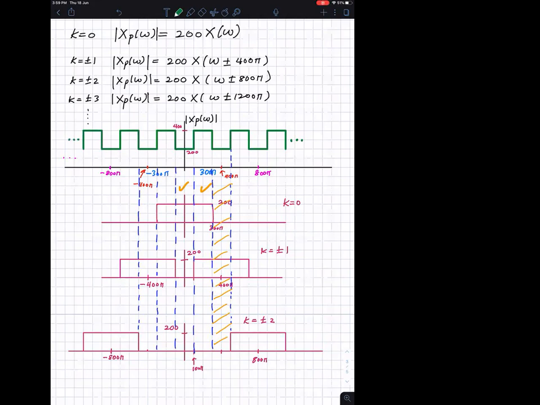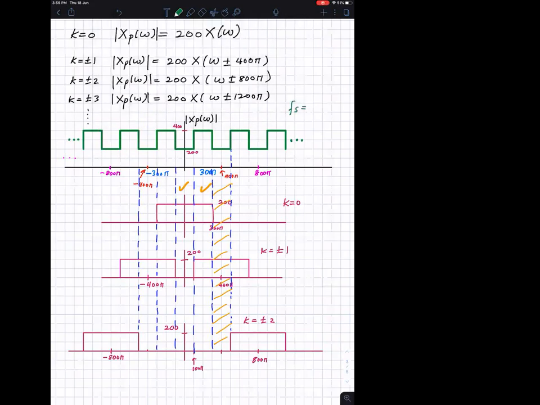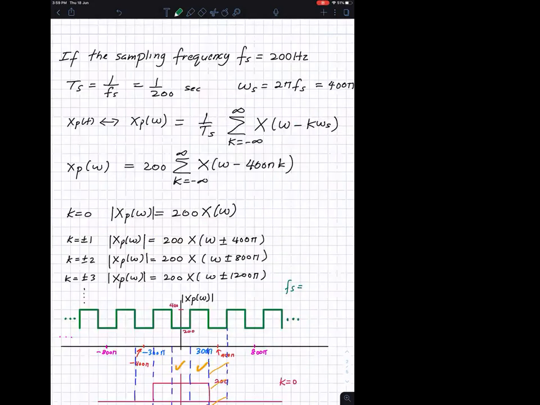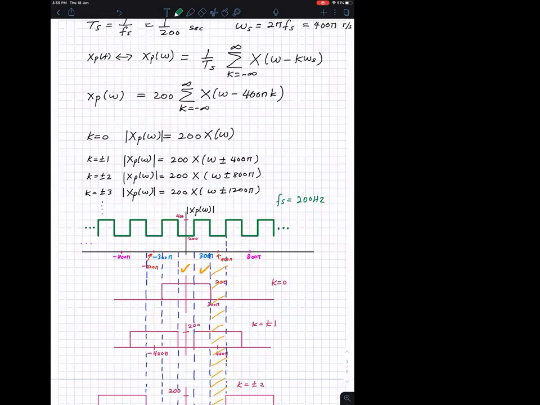So that is the amplitude spectrum for the sampling frequency. When the sampling frequency is how many hertz? 200 hertz. Okay, now is this clear? Yes, sir.